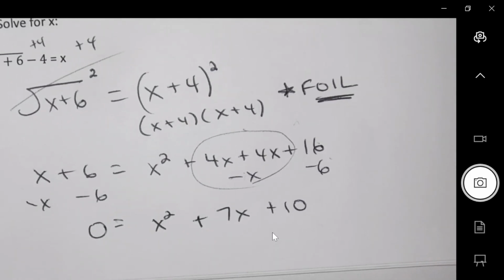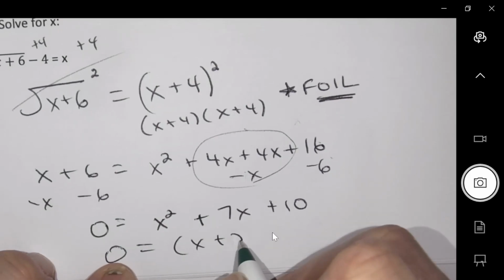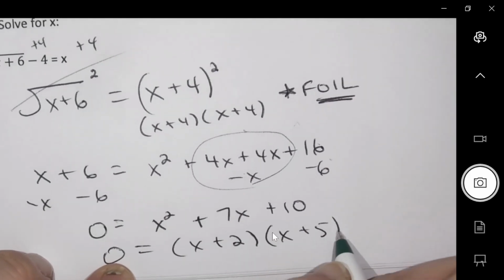Does this factor? Do we have anything that multiplies to 10? Adds to 7? 2 times 5.